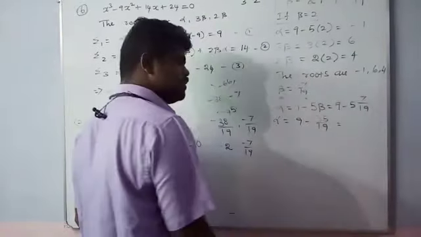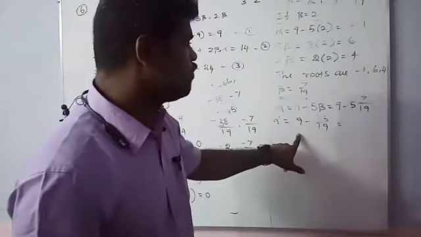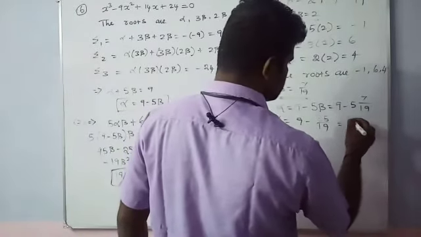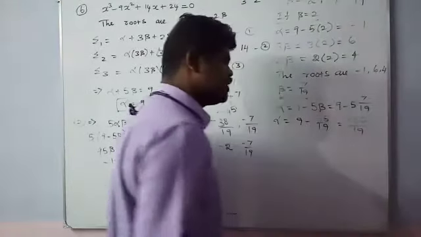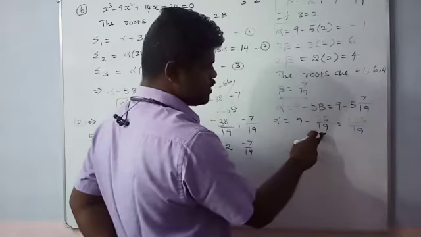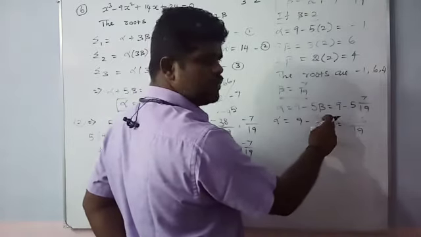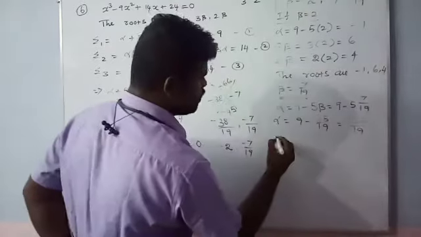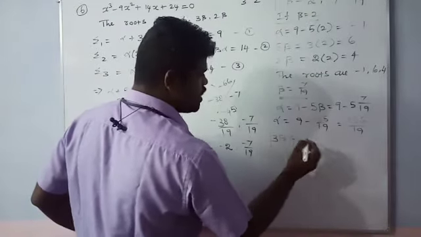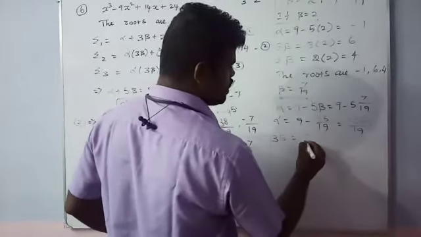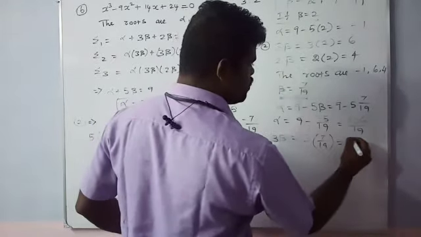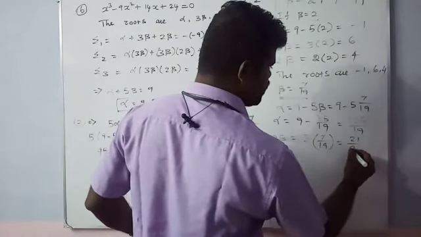So the answer is 171 minus 35 is equal to 136 divided by 19. 9 into 19 is 171, minus 35, which is equal to 136 divided by 19. And 3 beta is equal to 3 times the beta value, 7 by 19, that is equal to 21 by 19.